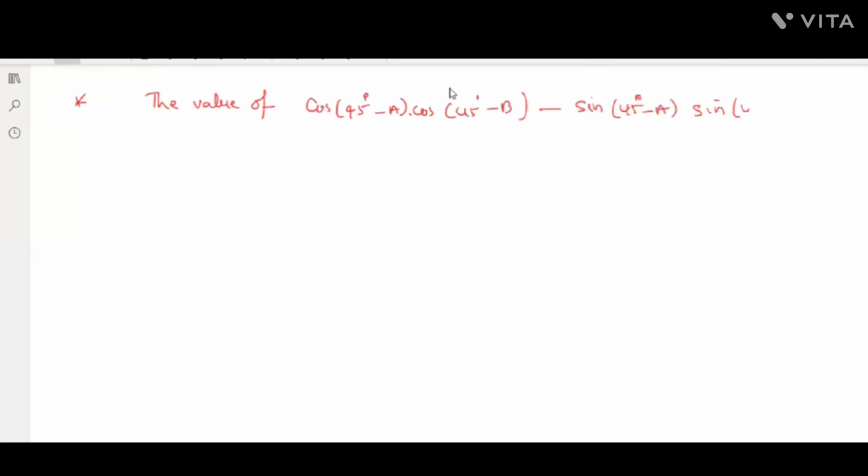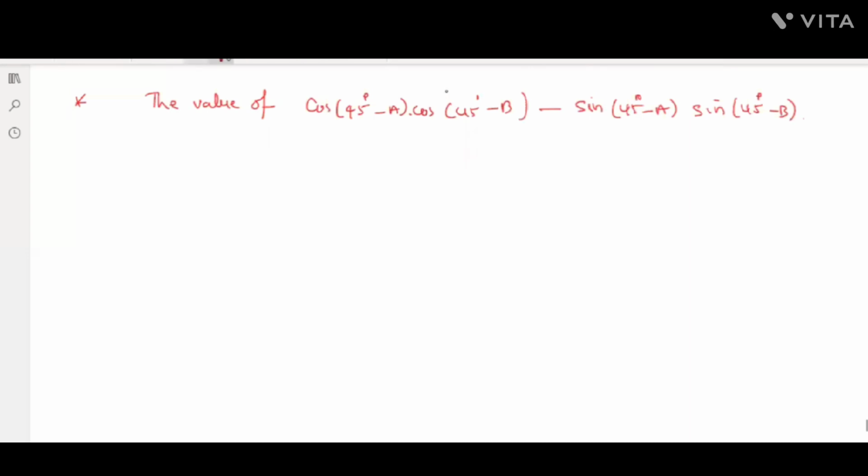The first question based on this: the value of cos(45-A) into cos(45-B) minus sin(45-A) into sin(45-B). This is what we have to find out.